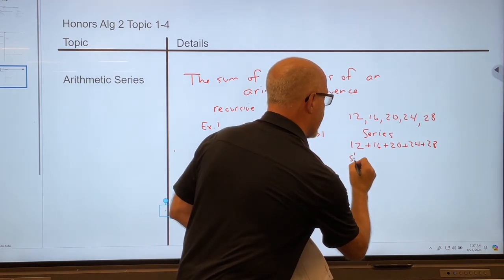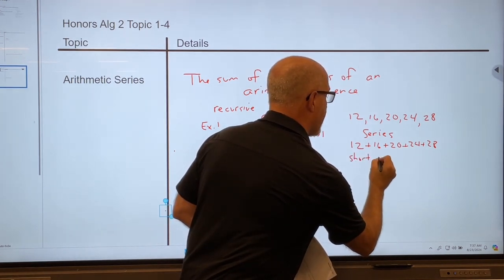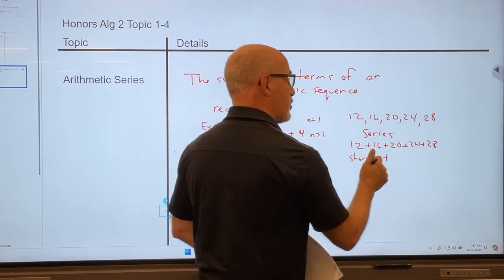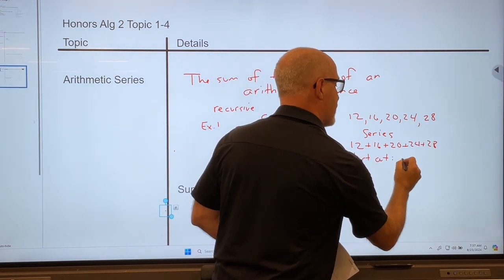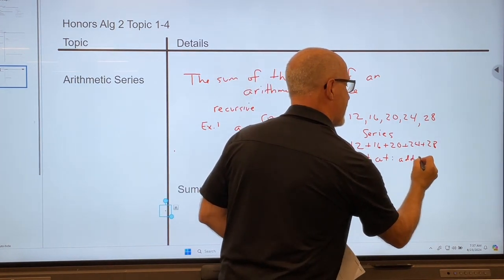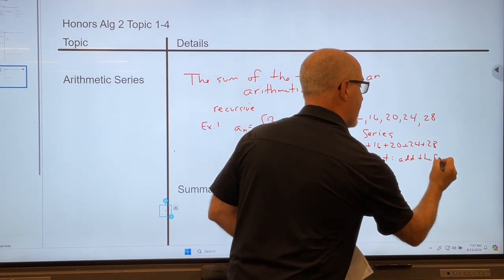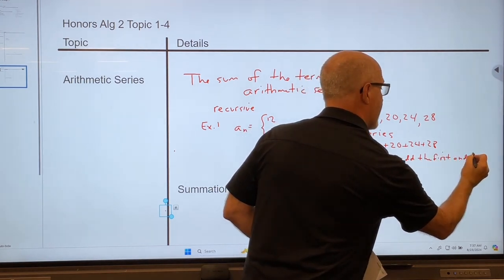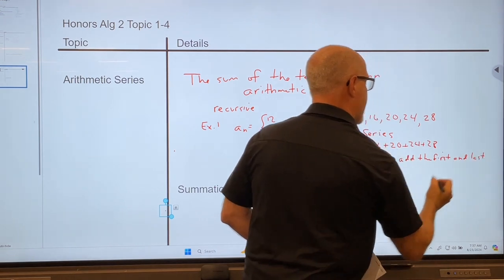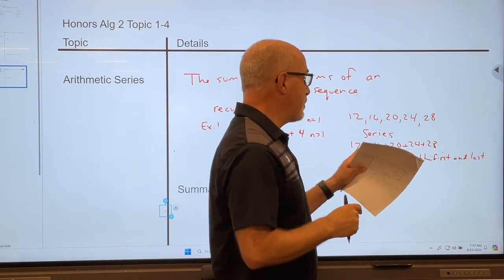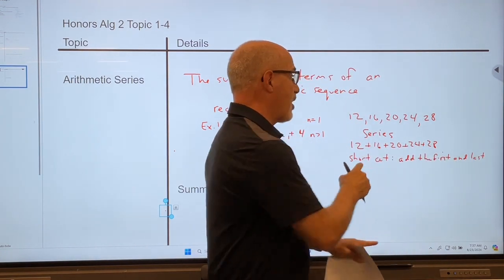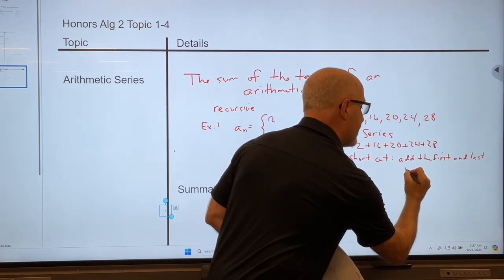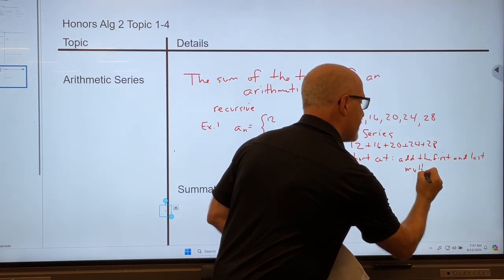A shortcut is to take these terms and add the first and the last. Then you go ahead and multiply by the number of terms there are. Notice I've got 1, 2, 3, 4, 5.